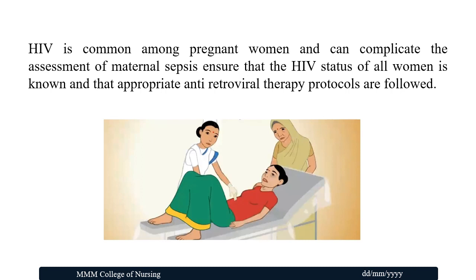If there is chorioamnionitis and endometritis in the womb, you have to do gentle evacuation of the uterus, start the antibiotics, and if there is no improvement, go for laparotomy.